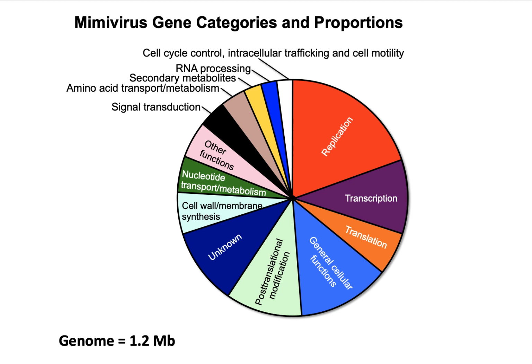So it has things for replication and transcription, which are common in viruses, but then it has genes for translation, cellular function, post-translational modifications, cell wall and cell membrane synthesis, nucleotide transport and metabolism, as well as some other genes that you would expect in a bacterium, in a cellular organism, but aren't expected in a virus.